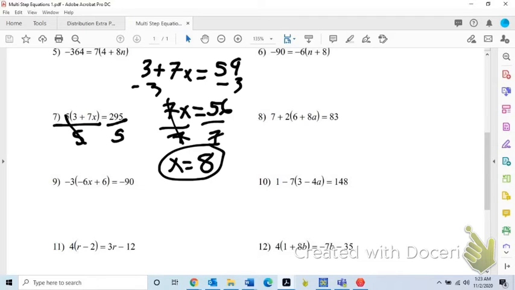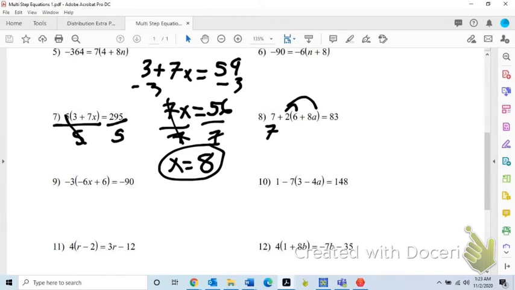Everyone work through. And here we go. So this one I'm distributing. So notice a little bit more difficulty here. We're adding in another step. We're going to have to combine like terms here. So we have that 7.